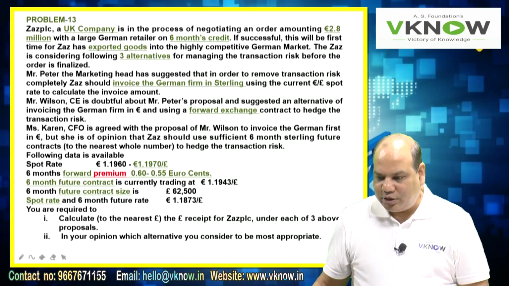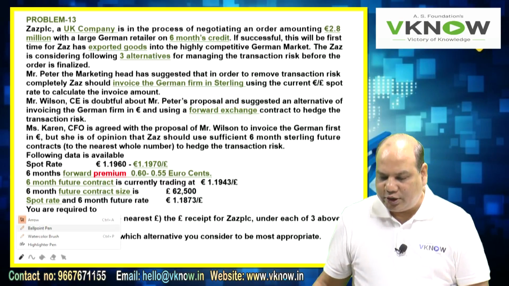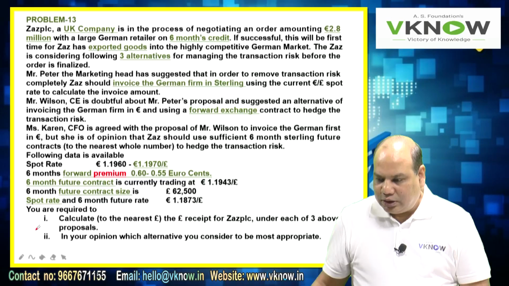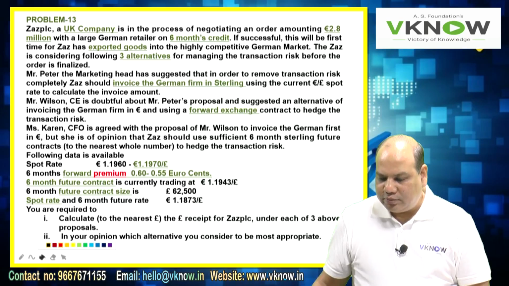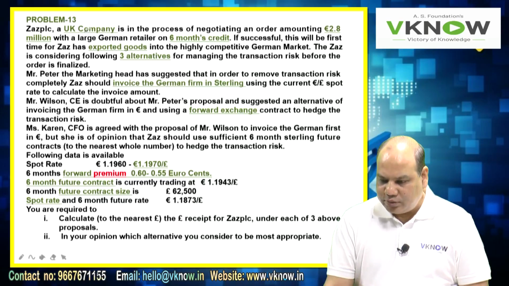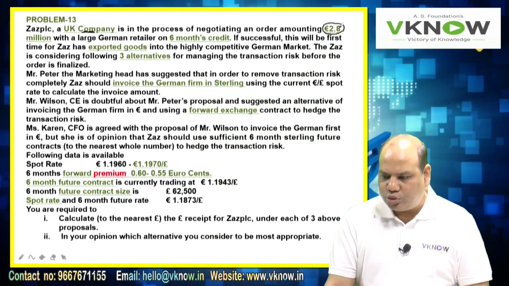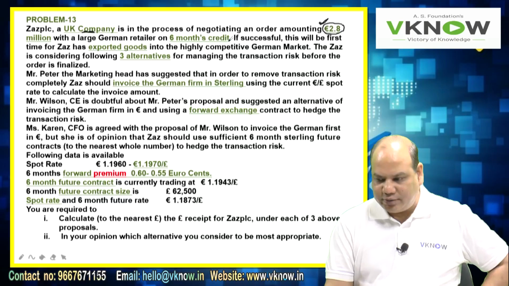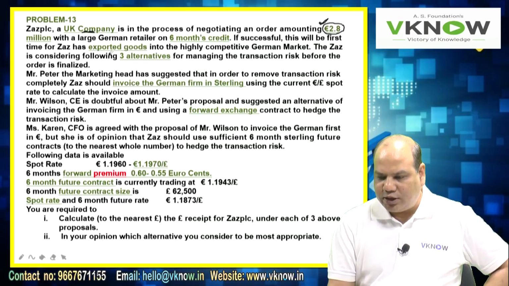A UK company is in the process of negotiating an order amounting to euro 2.8 million, with a large German retailer on 6 months credit. Foreign currency is euro, home currency is pound. If successful, this will be the first time it has exported goods into a highly competitive German market.